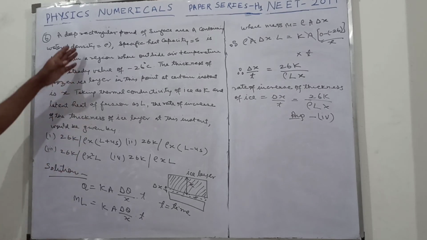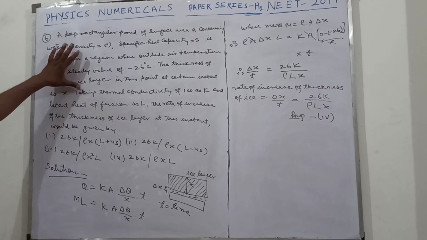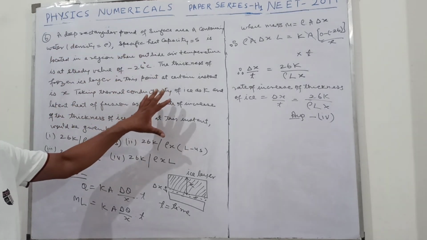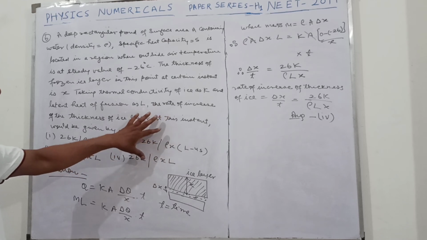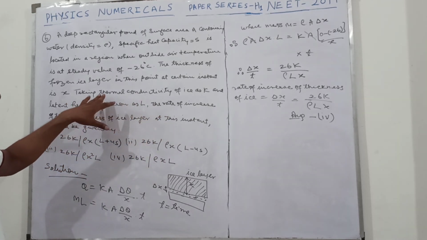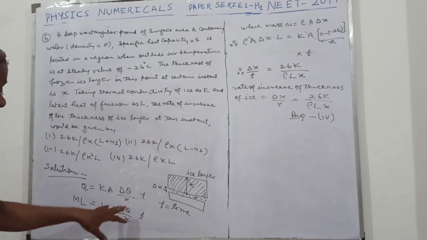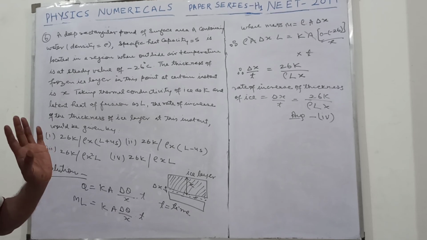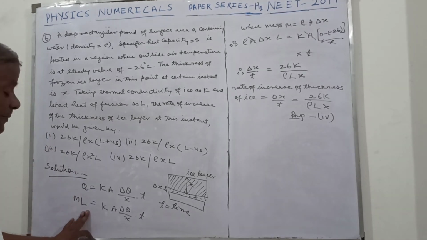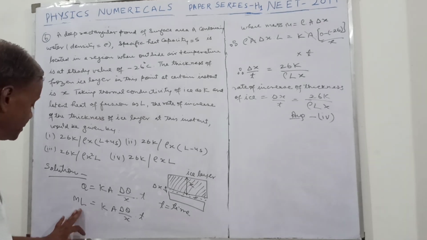If you read this, you can see the language, and this is a long one. Again I have told you that when the question is long, try to understand it: what is given. One point to be remembered here is that the thermal conductivity is given, so you apply the formula of thermal conductivity. And Q equal to M s delta theta, there will be no change, with no specific heat.